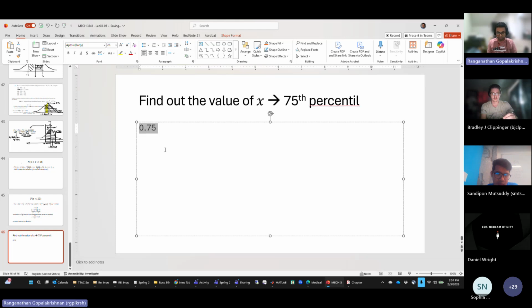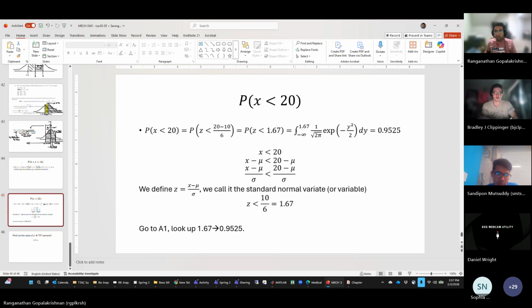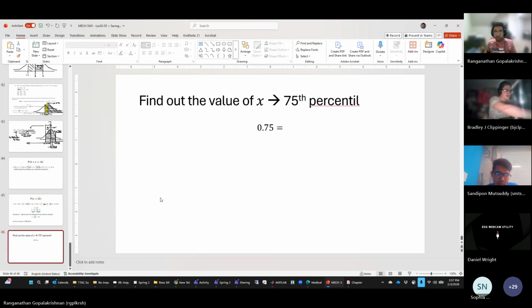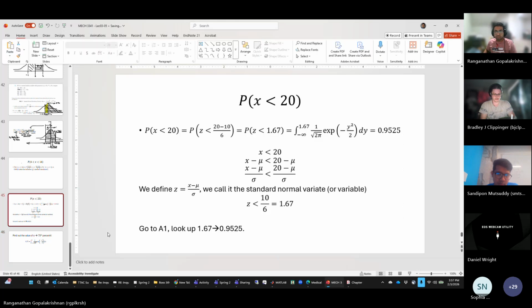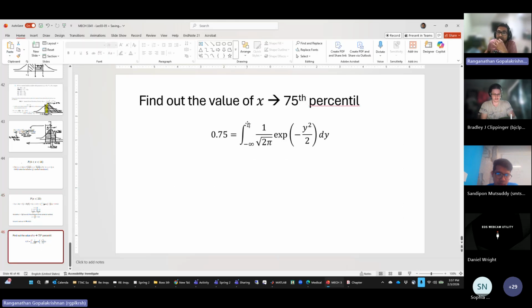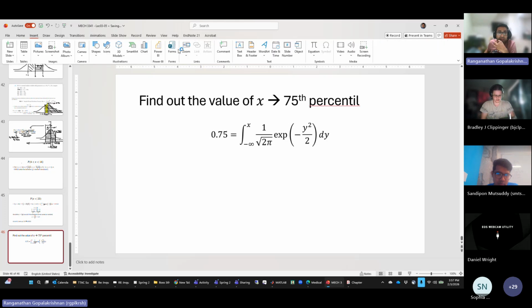So 0.75 equals the integral from minus infinity to X of this function dy. What value of X will get you 75% probability to the left of that area?